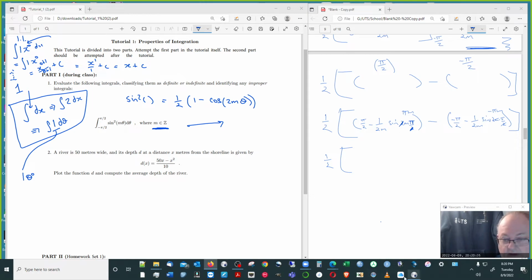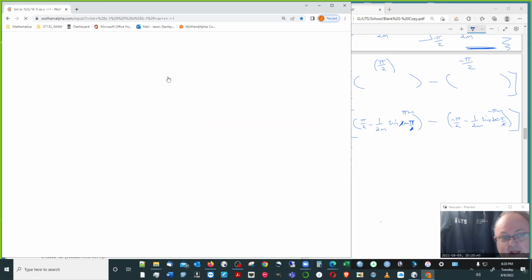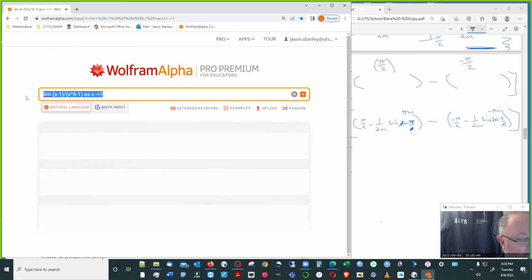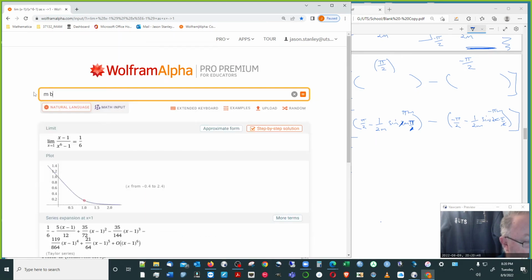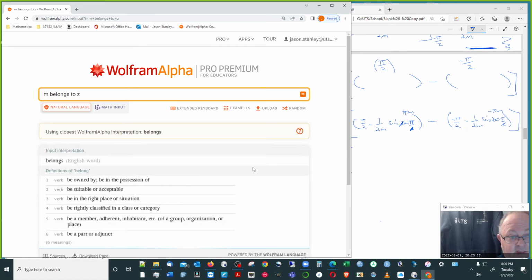I know you love me doing this. Not really. At critical moments, we'll grab the technology again, and we'll literally write m belongs to Z, and let's see what Wolfram tells us. Let's see if it helps us out.